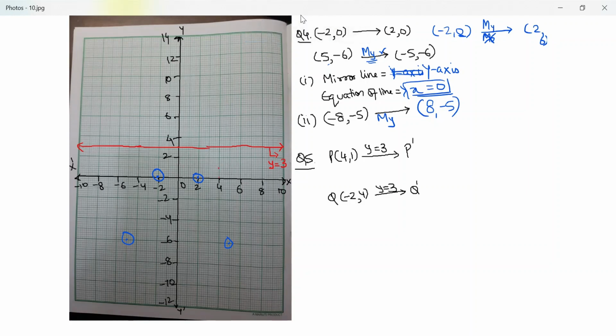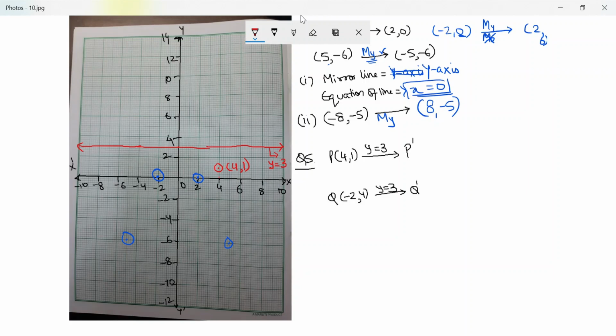This is my point 4, 1, and it is being reflected in the line y is equal to 3. So if this is my mirror, let's look at where the image will be formed. It will be formed at the same distance, but behind the mirror.